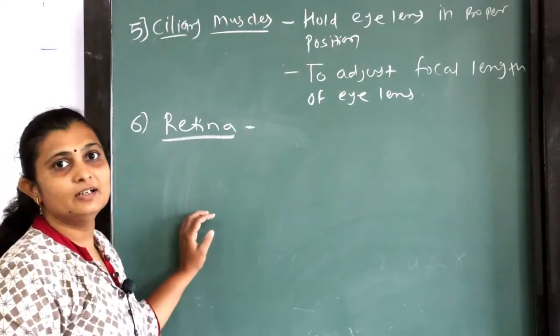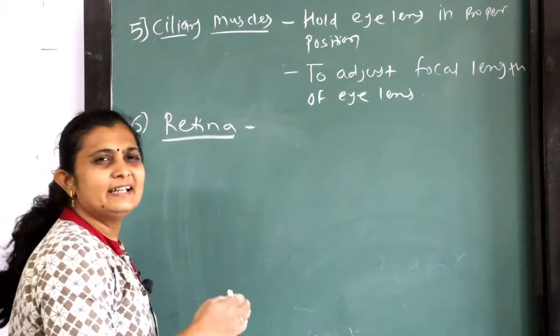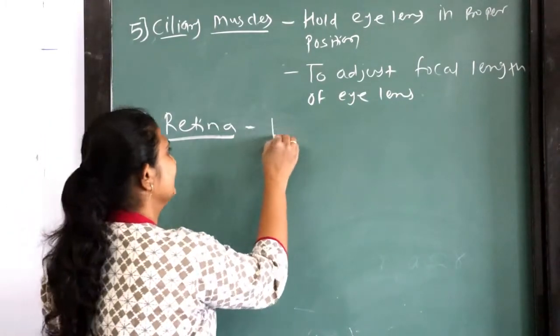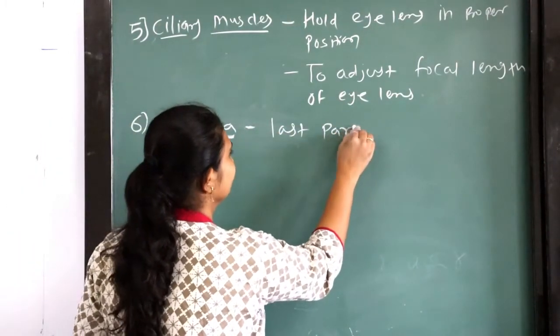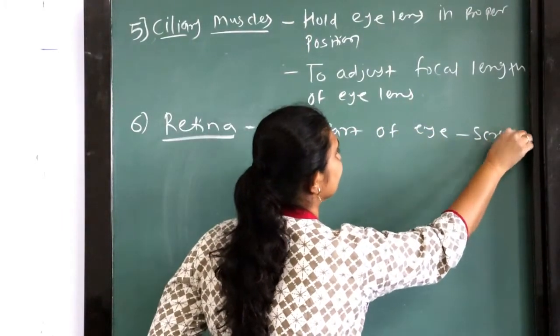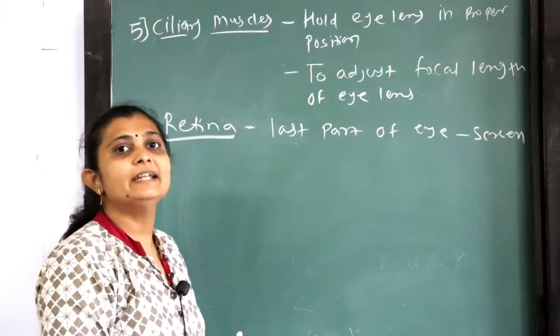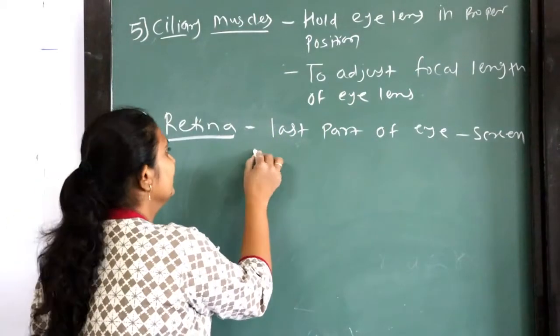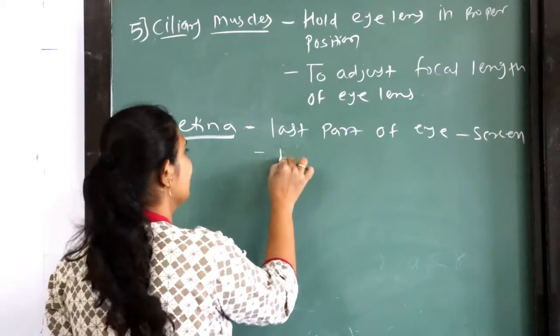We will see about the retina. What is the retina? Retina is the last part of the eye. It is the screen of the eye where the image is formed. On the retina, the image is formed.